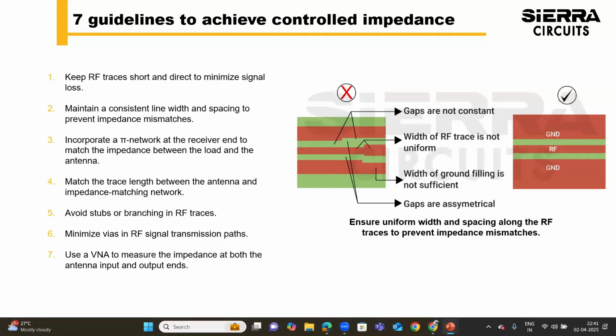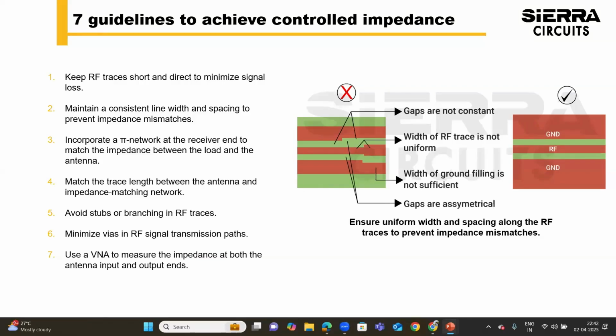So moving on, achieving controlled impedance is essential for signal integrity. Here we have 7 guidelines to help you maintain impedance control in your design. Remember to keep RF traces short and direct to minimize signal loss and impedance variations. You can maintain a consistent trace width along the transmission line to prevent impedance mismatches. Incorporate a pi network at the receiver end to match the impedance between the load and the antenna.